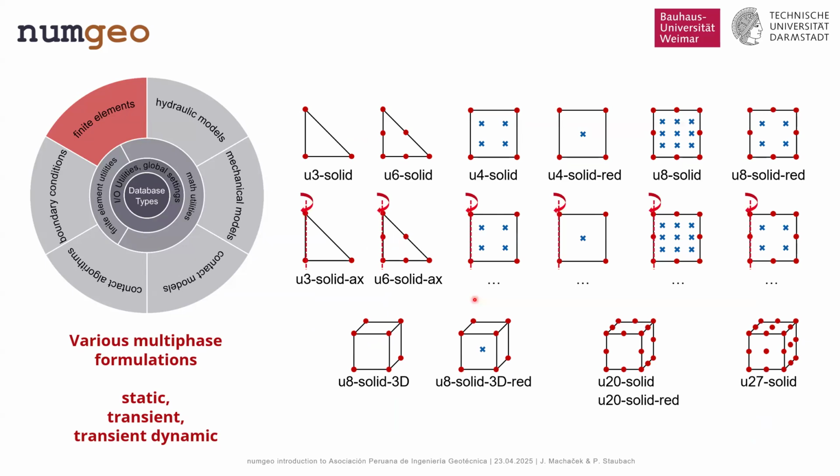Now, one thing is the formulations, the equations that we have implemented, but obviously, when we are talking about the finite element method, we also need to discretize our domain, and for that we have various different element shapes and integration rules implemented.